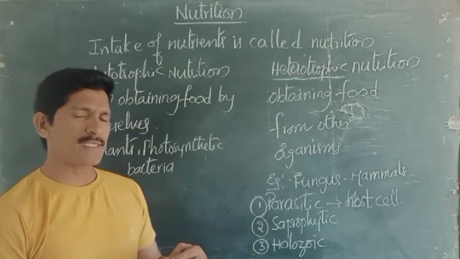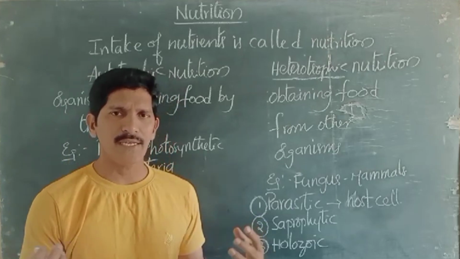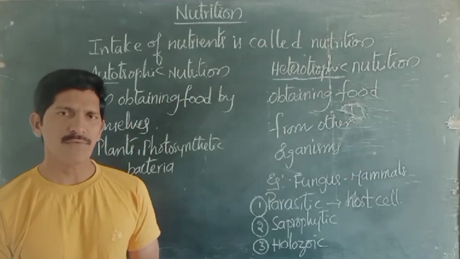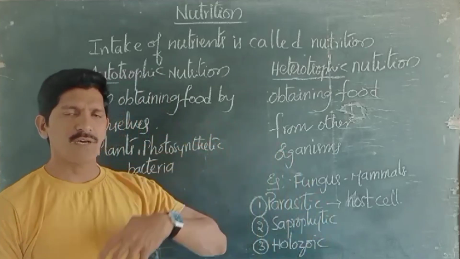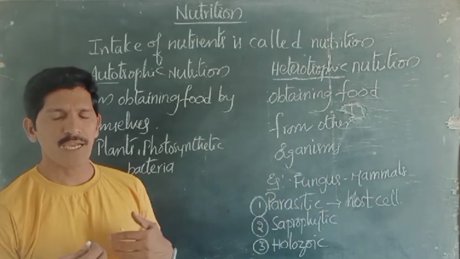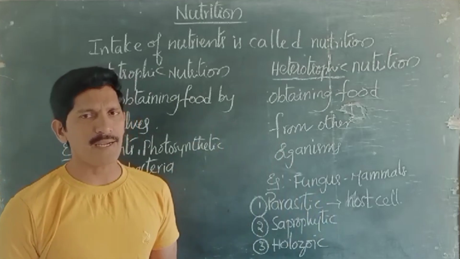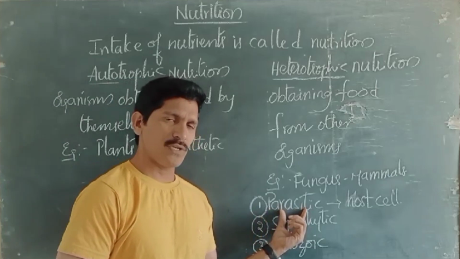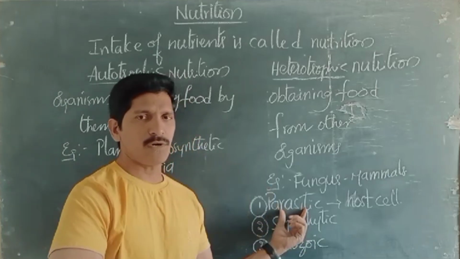Even though that bacteria is inside the stomach, we are not getting any kind of problem, and it is a kind of symbiotic nature also, because the bacteria synthesize vitamin B12 and supply it to us, and we provide shelter and food for the bacteria. So this is a kind of nutrition called parasitic nutrition, obtaining food material from host organisms.